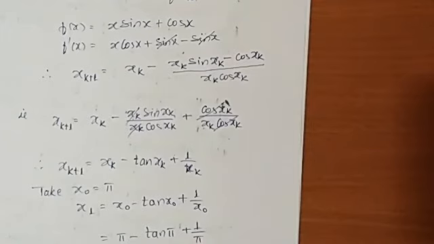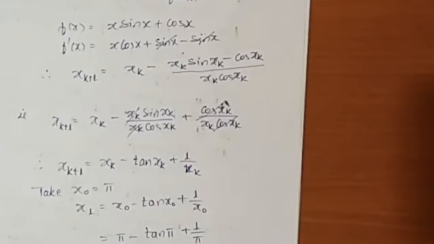What is the value of pi? Pi is 3.14159, correct up to 6 decimals, rounded off.